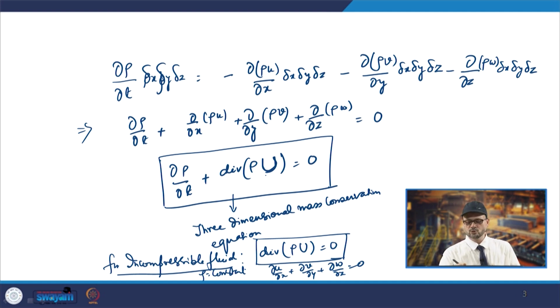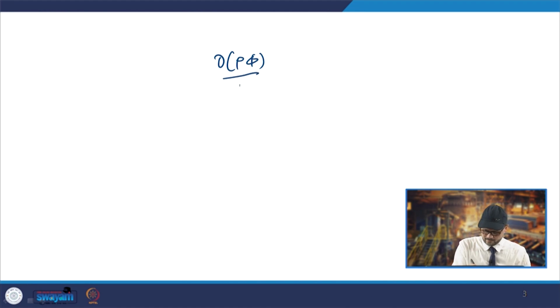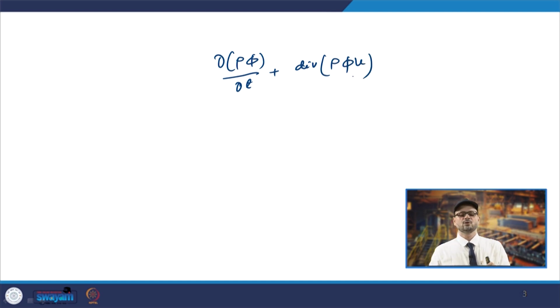If you try to have this for an arbitrary conserved property, you can write the generalized term, that will be ∂(ρφ)/∂t plus div of ρφu. So, if you try to derive the conservation equation for either the mass or the momentum, you can directly get it from here.